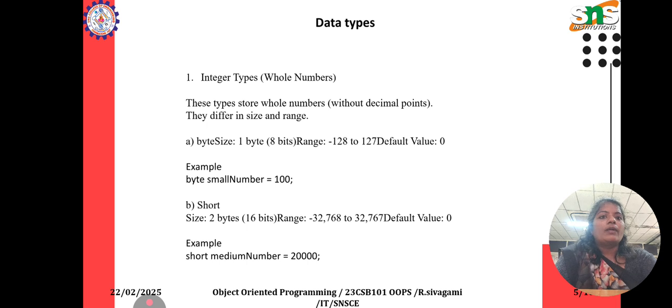If I try to store the positive integer 128 in a byte, the system will produce an error. Next, short: the storage memory size is 2 bytes, its range is minus 32768 to 32767, and the default value is 0.